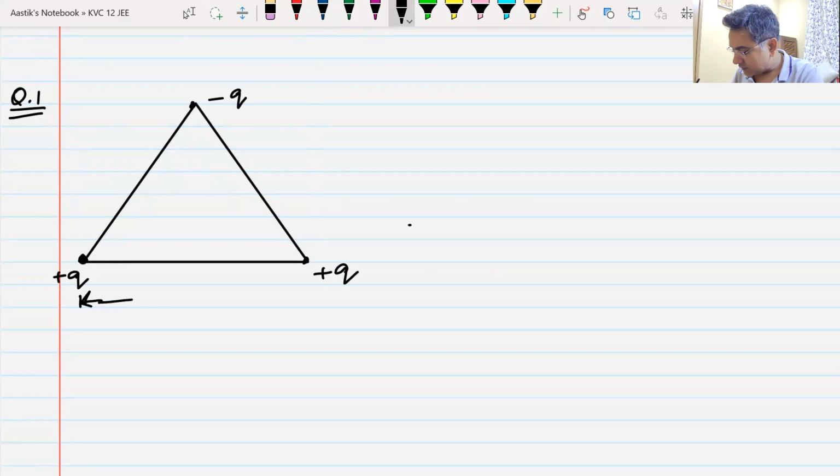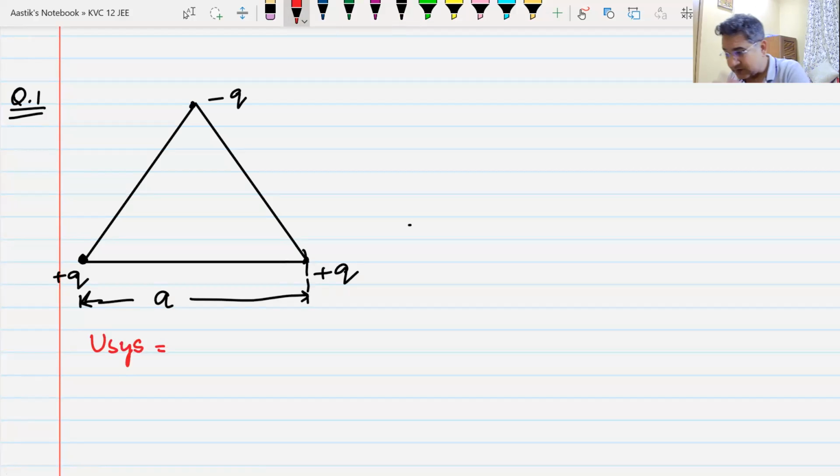The side length of this equilateral triangle is, let's say, a. The question is very simple. What is the interaction energy or the electrostatic potential energy of the system? I'll give you 2 minutes to do it. Do simple things, nothing complicated.